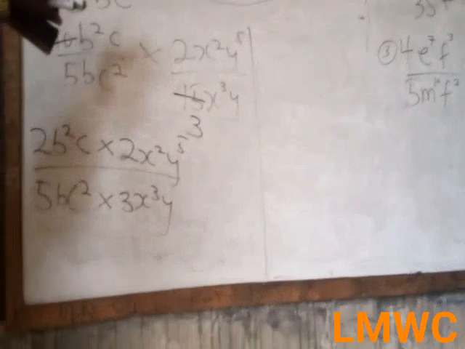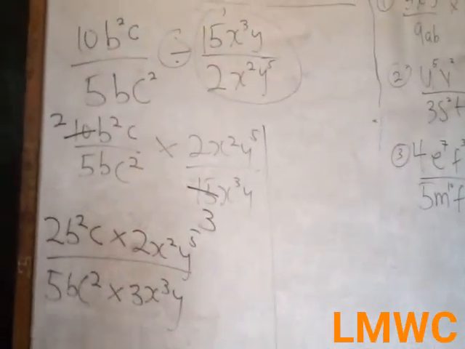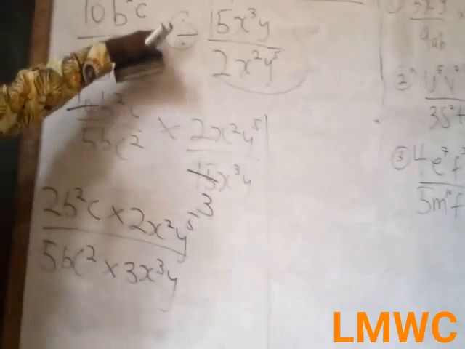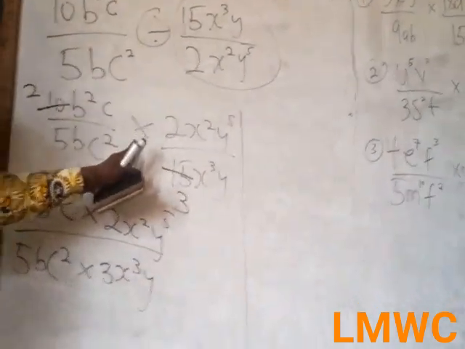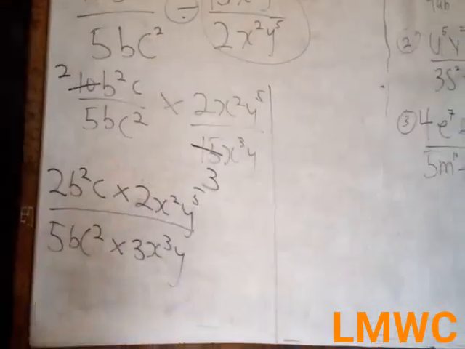So it's not difficult. Always, if there is a division, you find the reciprocal. Take note. And once you find the reciprocal, the division sign will change to multiplication. After that, you multiply the numerators and also the denominators.